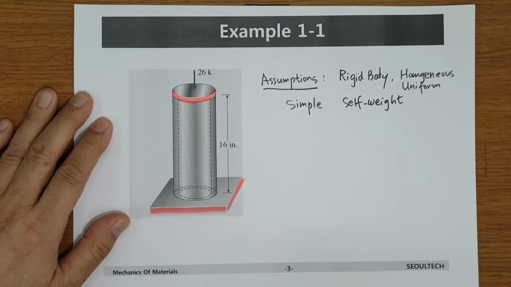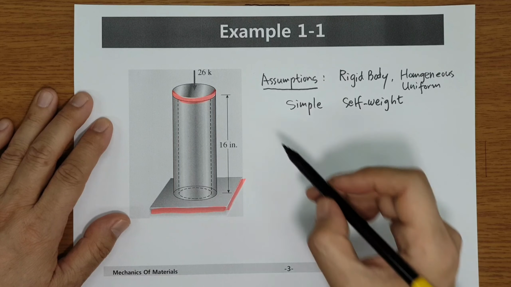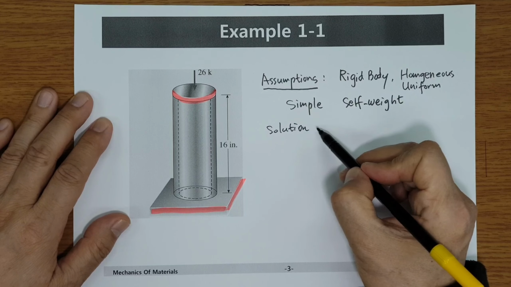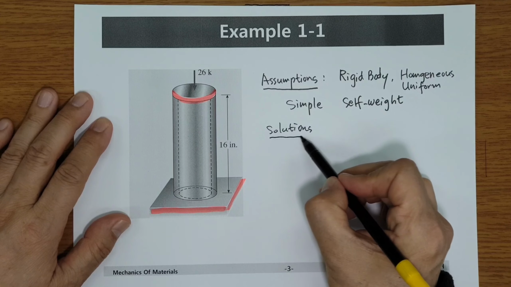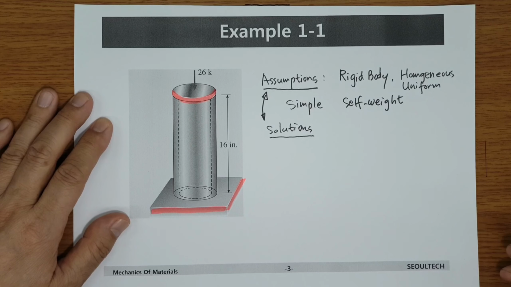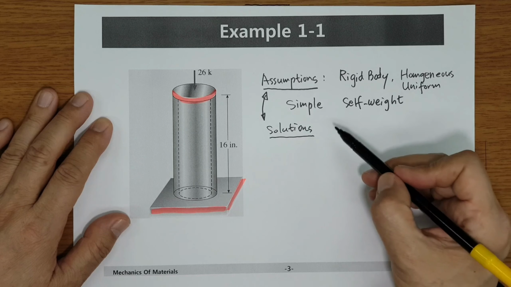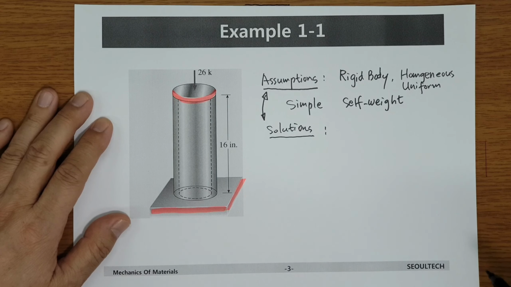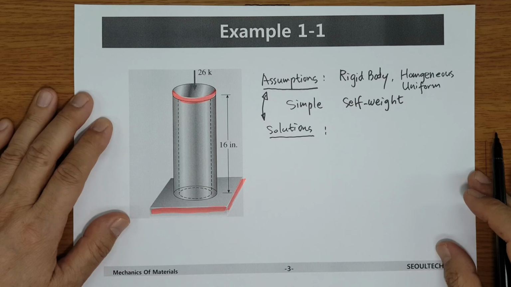And you must be careful about assumptions, because finally, when you have some solution, it should coincide with the assumptions. Your solutions are based on a certain kind of assumption. Therefore, when you interpret solutions, you must follow the assumptions. Otherwise, you have a very wrong answer.